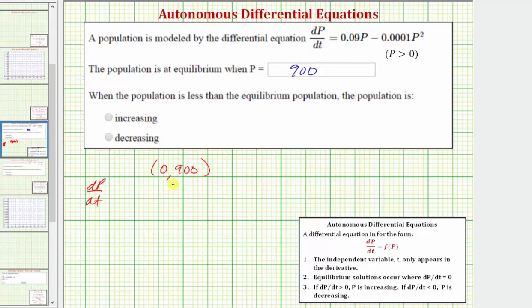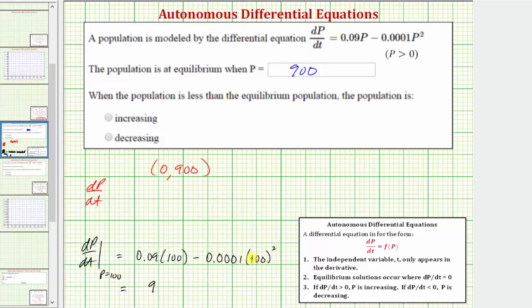So for a test value, let's use p equals 100. So we need to determine the sign of dp/dt when p equals 100. Well, that'd be equal to 0.09 times 100 minus 0.0001 times 100 squared. So 0.09 times 100 is equal to 9.